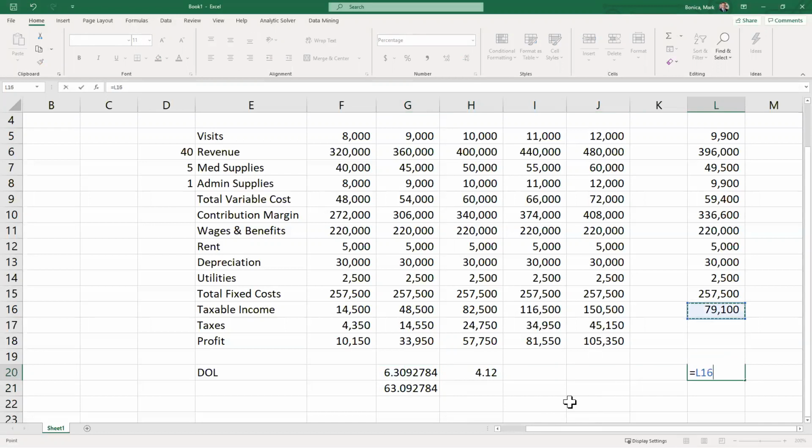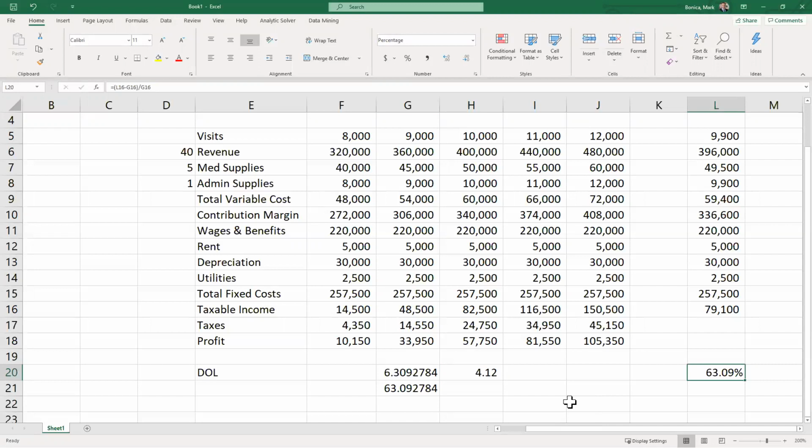So we have, let me do that correctly. We take the new minus the old divided by the old, and we get 63.09%. So that shows you the accuracy. Okay, so that's the answer to the text.